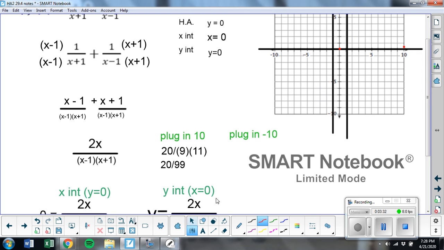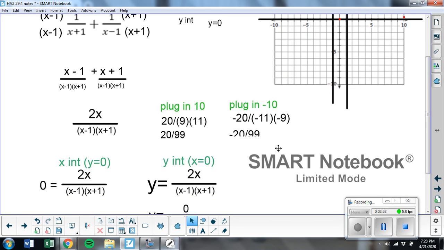Now let's plug in -10, again to the simplified version. So the numerator is going to be -20. The denominator is going to be -11 and -9 multiplied together, which we know is a negative and a negative is going to be positive 99.